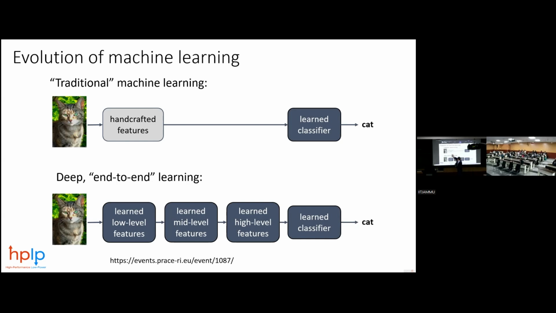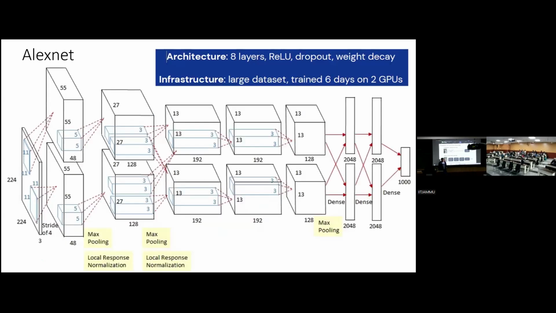A human would create some kernels, but instead of those kernels being learned by the AI model, those were handcrafted, and then the model only learned this classifier. So with deep neural networks, the difference is that all these features are also learned. Just to make sure that's kind of clear.